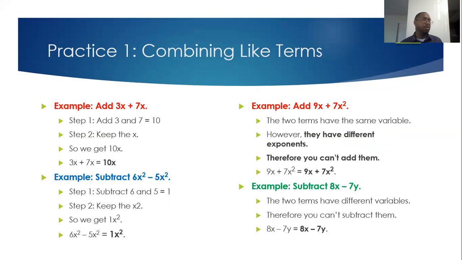10 what? Well, here's what a lot of students think: I got an x, another x, it's gotta be x squared. Got it. No, you don't got it. 3x plus 7x is 10x.